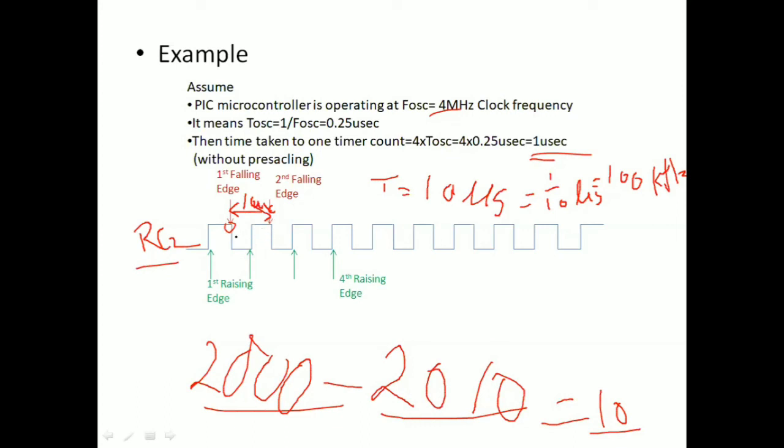So you have to make sure that you have other options. That is, you have the option of detecting the 4th rising edge and the 16th rising edge, so that you can use that 4th rising edge option or the 16th rising edge detection option to measure the time duration of higher frequency clock signals or a rising and falling edge signal that is applied to the RC2 pin.